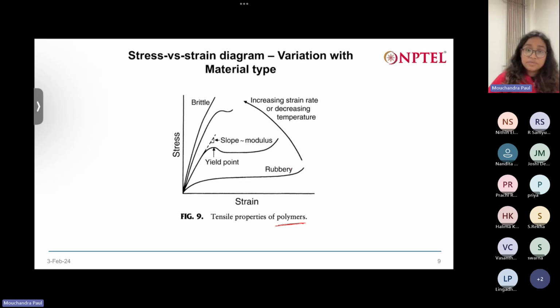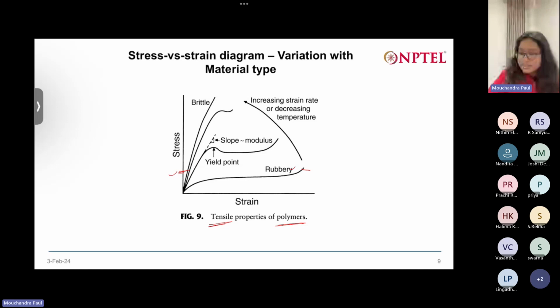And it breaks at a much later stage, so it can sustain a large amount of deformation and strain before it breaks. But the value of the stress you need to break it is also quite less. For brittle materials like ceramics, you need a very high amount of stress for it to break, but for rubbery materials, it's very less. But if you're working below this particular value, you can stretch it however long you want. Okay. So this is for the tensile property. That's why I'm talking about stretching and applying tension.